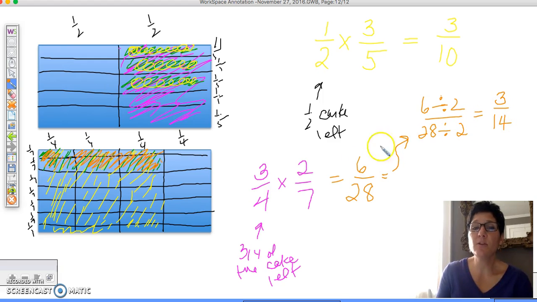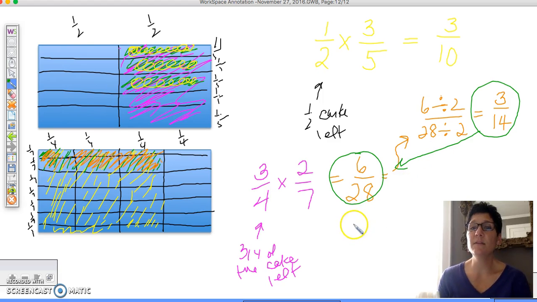So that means that these 2 fractions are equivalent because to go from here to here, I divided top and bottom by 2, and 2 divided by 2, everybody, you should all be like, oh my goodness, that's 1, and that's a multiplicative identity. Okay, it's a multiplicative identity.